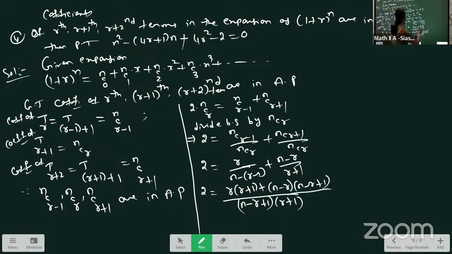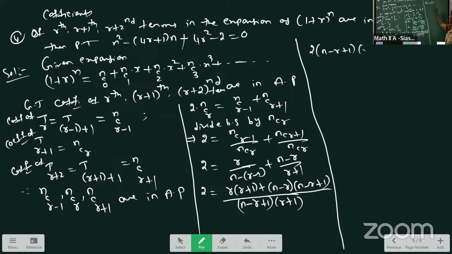Cross multiply and open the brackets and simplify, you will get the final solution. So 2(n-r+1) after cross multiplying we will get this equals, open up the bracket, r^2 + r plus expand these two terms.